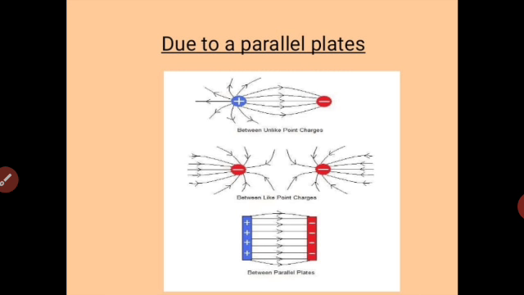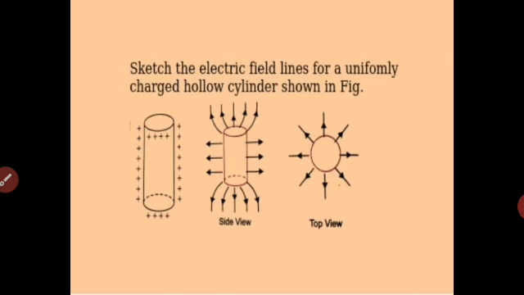This implies that the field in the region between the parallel plates is uniform. The field lines at the outer edges are a little curved, which shows the field is non-uniform at the corners.